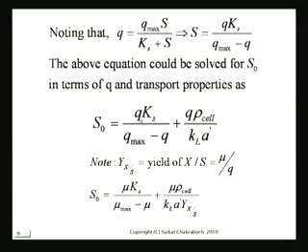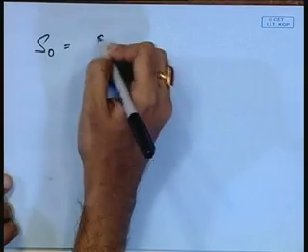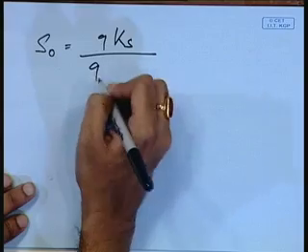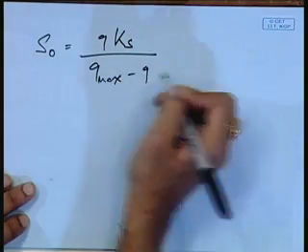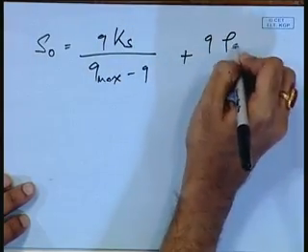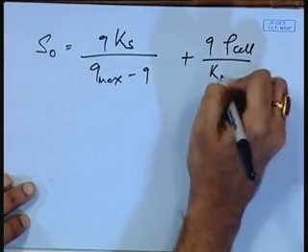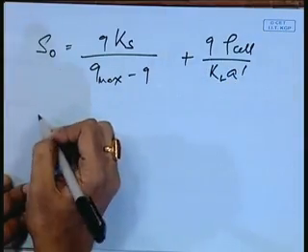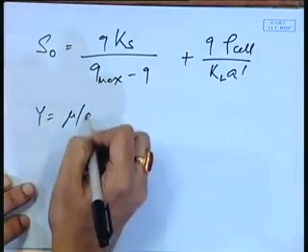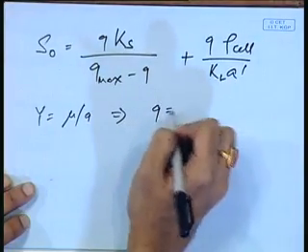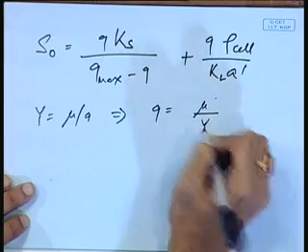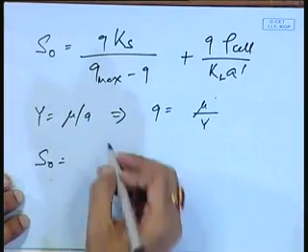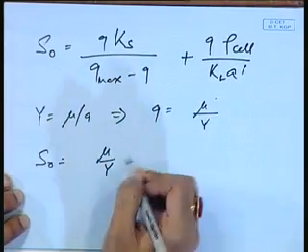So then let me use a pen here and I'll explain. So S naught equals q Ks over q max minus q, plus the mass transfer term. So y being mu over q, which means that q itself is mu over y. So S naught then becomes mu over y times Ks, over 1 over y mu max minus mu over y.